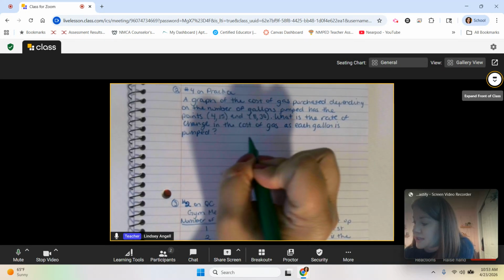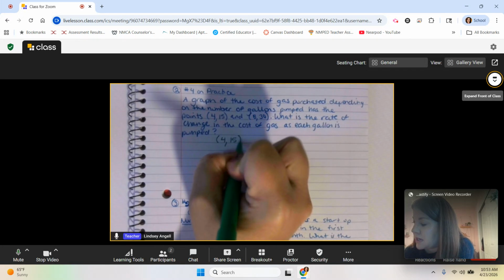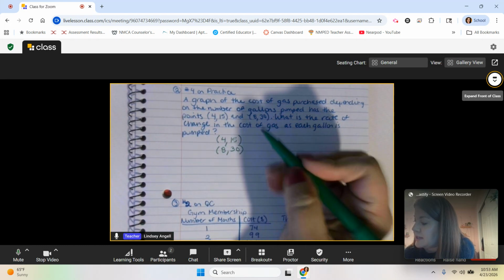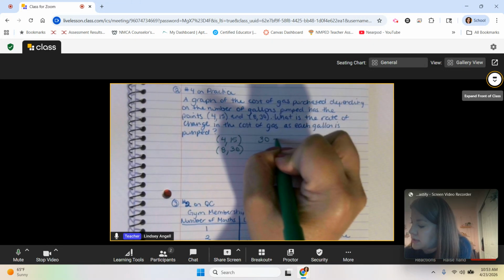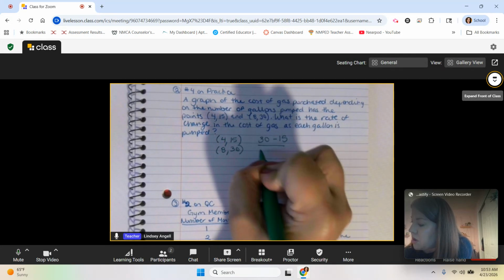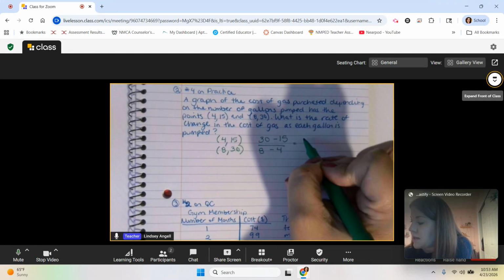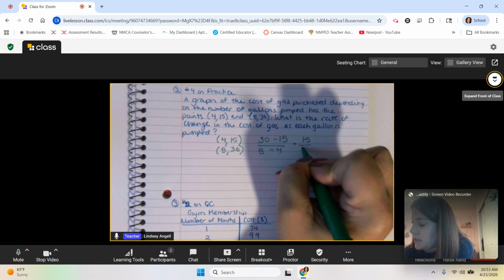So we're just finding the difference. We're finding the difference between our y values. So we could say 30 minus 15 over our x values, 8 minus 4. 30 minus 15 is 15. 8 minus 4 is 4.